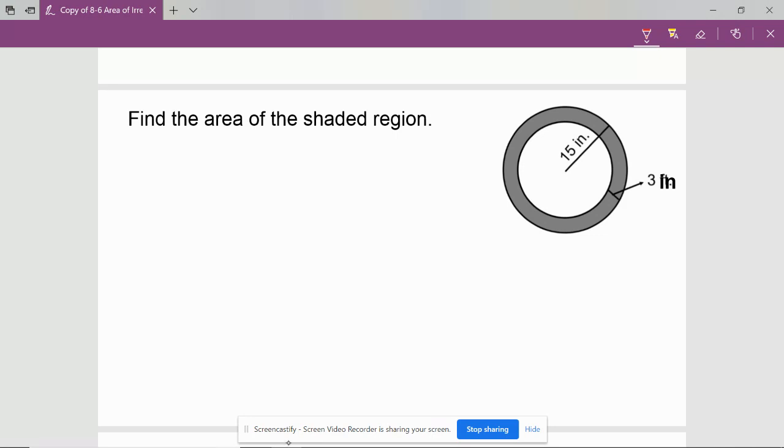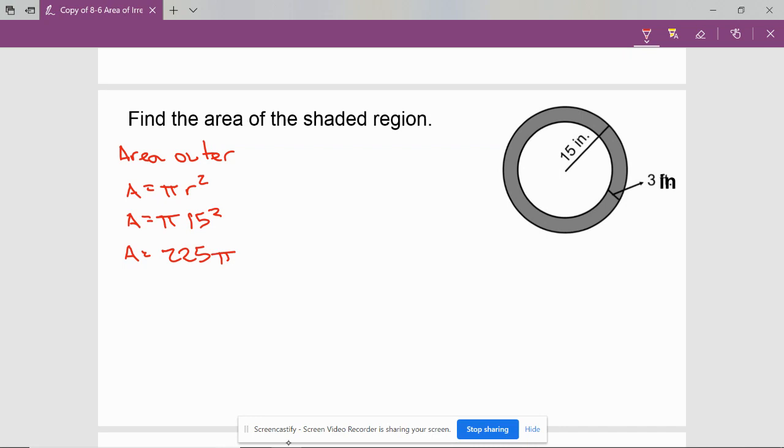So we're going to find the area for the outer, which is A equals pi radius squared. What's our radius? If we look at our outer ring, our radius is 15, so 15 squared.